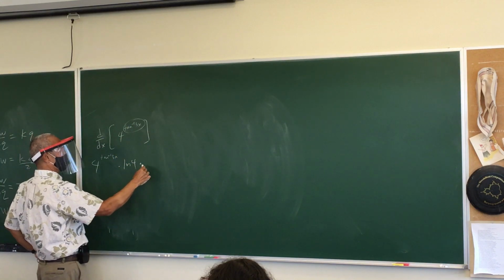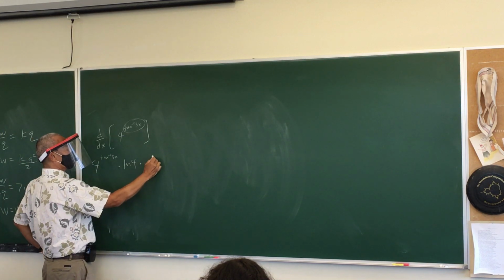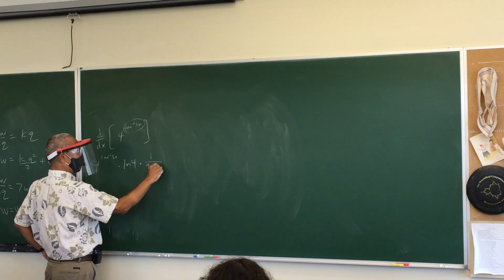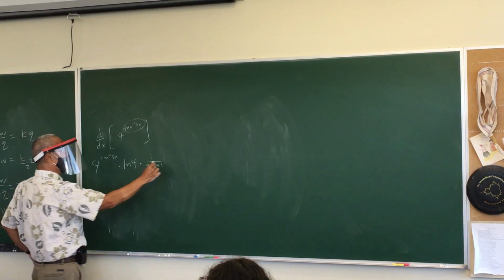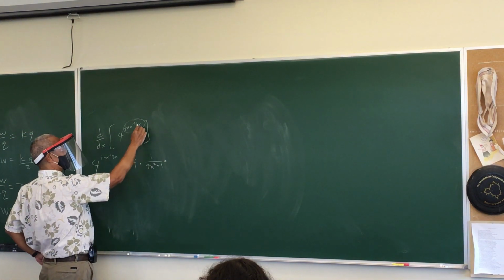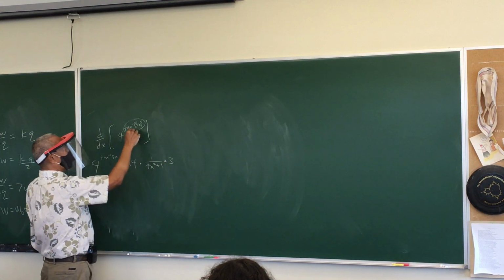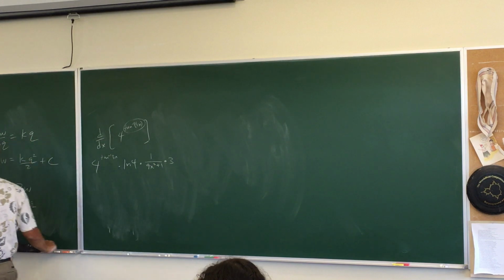Yeah, that's the problem, Mr. Park. Oh, 1 over 9x squared plus 1 on the bottom. Times the derivative of the box, 3. Right, the derivative of tan inverse box is 1 over box squared plus 1 times the derivative of box.